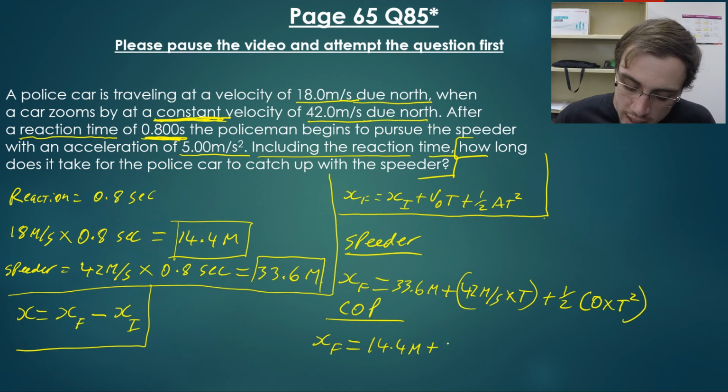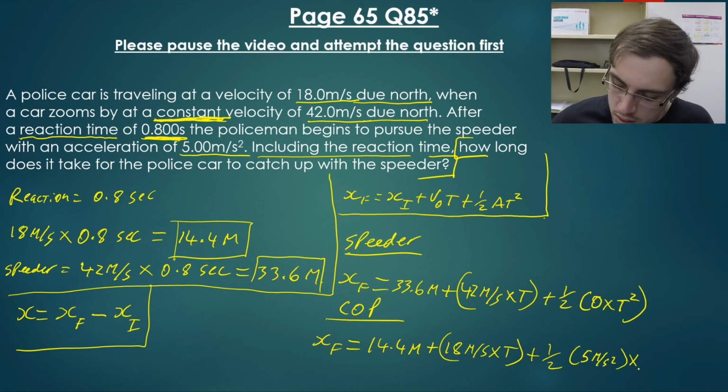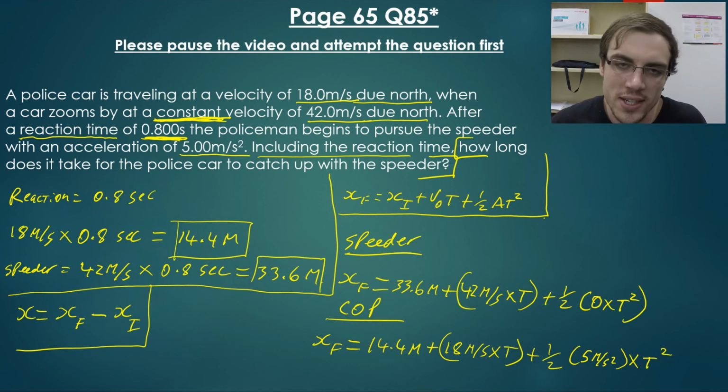So the cop was initially going at 18 meters per second, times time, plus 1/2 the acceleration for the cop, which was 5 meters per second squared, times t squared. Because again, we're trying to find time.